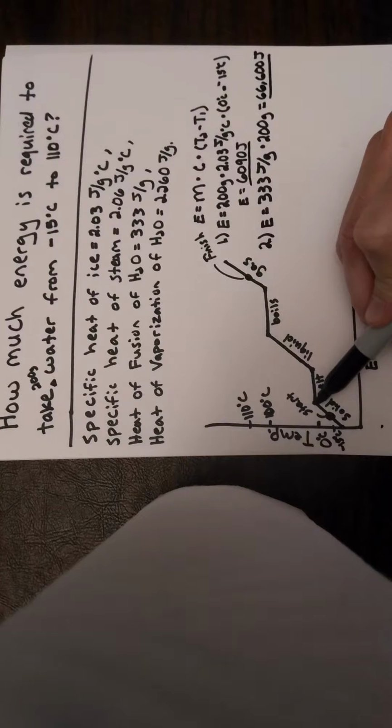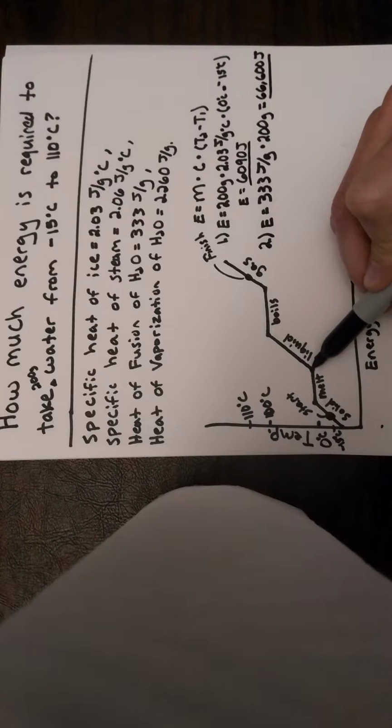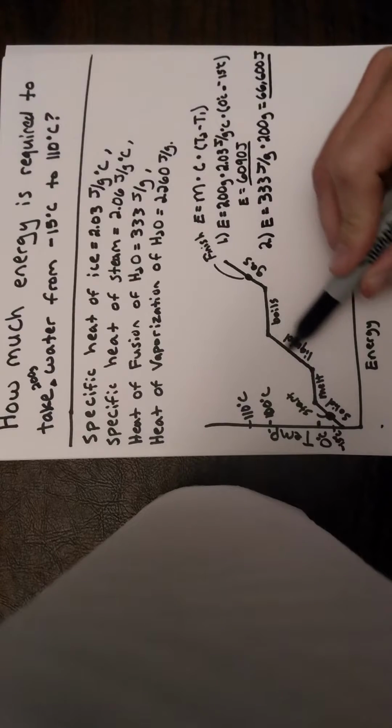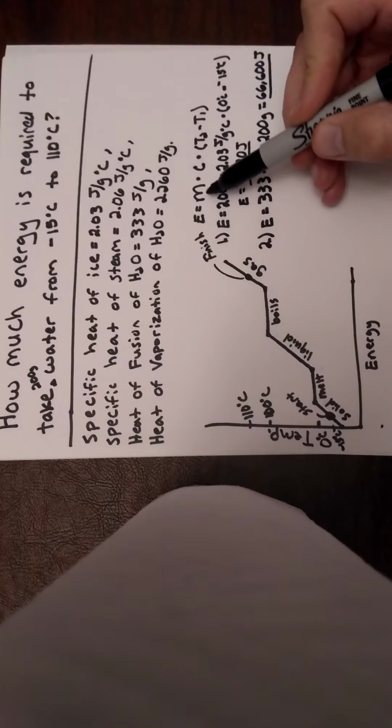Step 1 got up to 0 degrees. Step 2 melted it. It's still at 0 degrees, but now it's all liquid water. Next step, we've got to heat that liquid water up to the boiling point. So note a diagonal line, which means we go back to our MC T2 minus T1 equation.